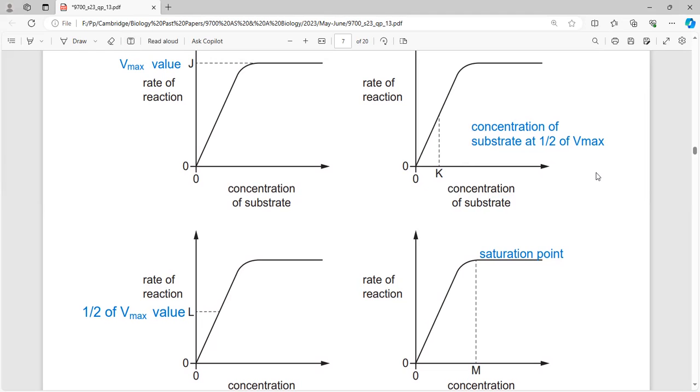This point K is the substrate concentration at which the enzyme is working at half of Vmax. Whatever substrate concentration is required to get half the maximum speed of the enzyme, that is the Km value. So one point is L, the second is K.